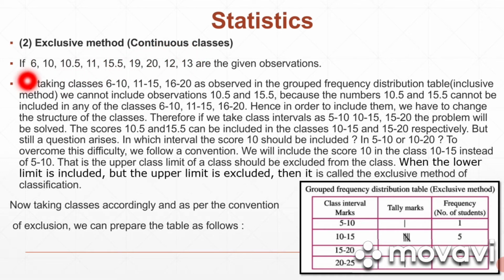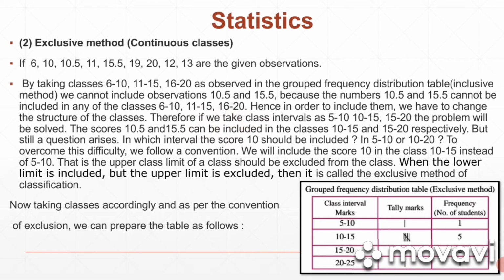For example, if 6, 10, 10.5, 11, 15.5, 19, 20, 12 and 13 are the given observations, by taking classes 6 to 10, 11 to 15, 16 to 20 as observed in the grouped frequency distribution table, that is inclusive method, we cannot include observations such as 10.5 and 15.5 because the numbers 10.5 and 15.5 cannot be included in any of the classes, that is 6 to 10, 11 to 15 or 16 to 20.